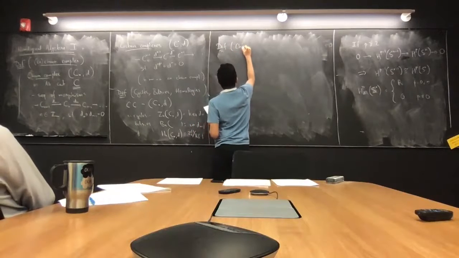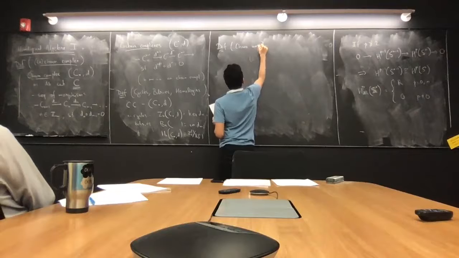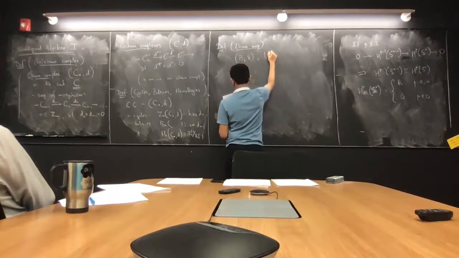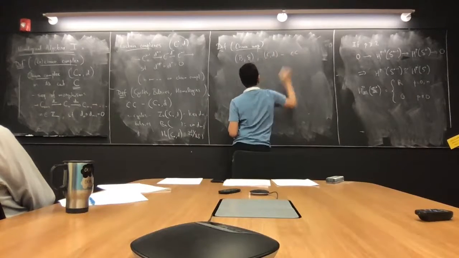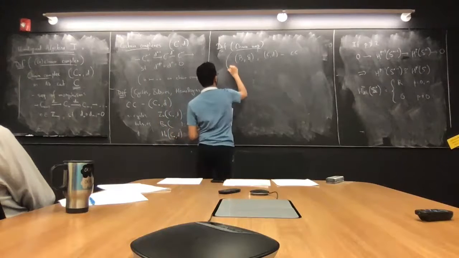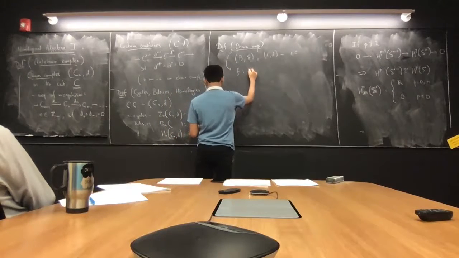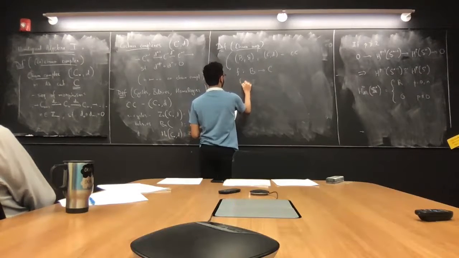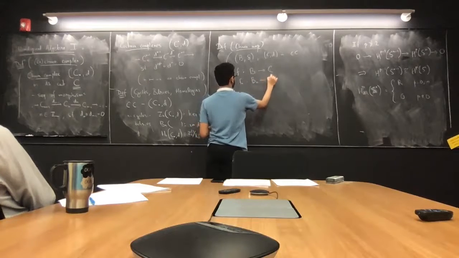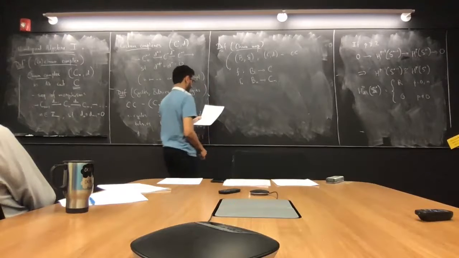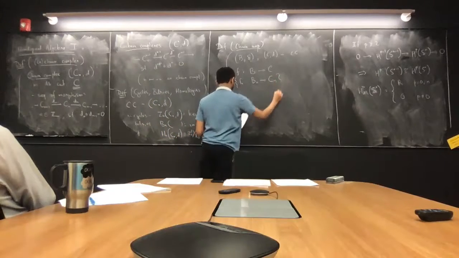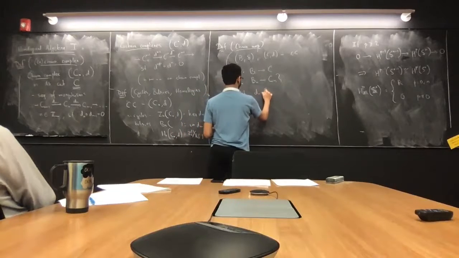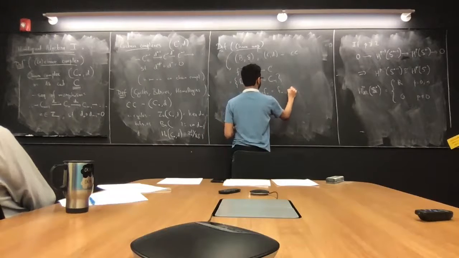Definition, chain map. So suppose (B, δ) and (C, d) are two chain complexes. A chain map is a map f from B to C, or rather a sequence of maps between each object of the chain complexes, such that d_n composed with f_n is equal to f_{n-1} composed with δ_n.